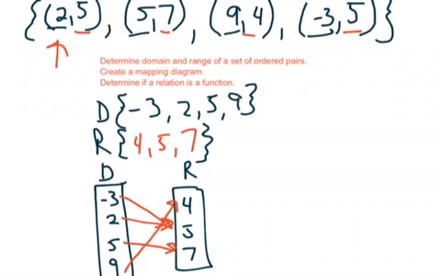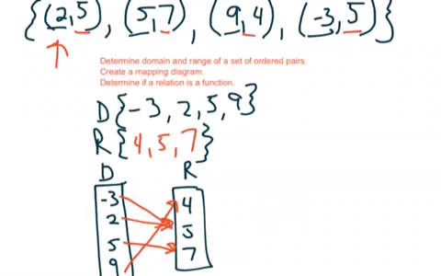So what's important when we take a look at our mapping diagram is that no number in the input has two arrows coming from it. It's always 1 in, 1 out, 1 in, 1 out, 1 in, 1 out. So therefore, yes, this is a function.